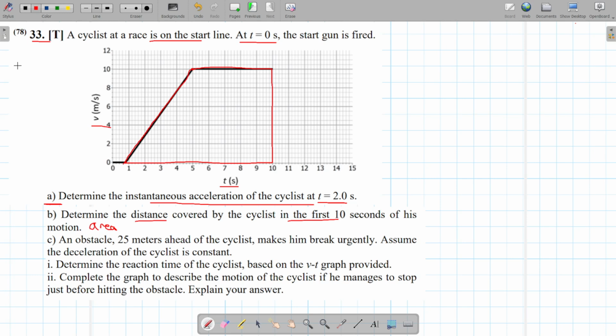It's a trapezoid, and the area of a trapezoid is base 1 plus base 2 over 2 times the height.